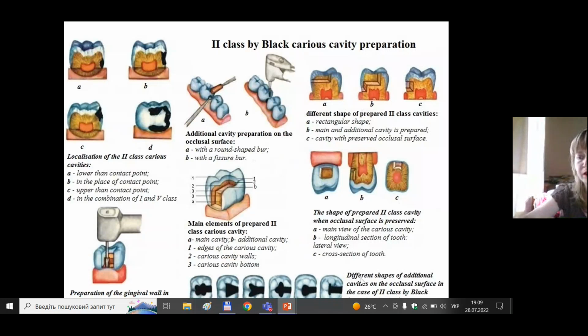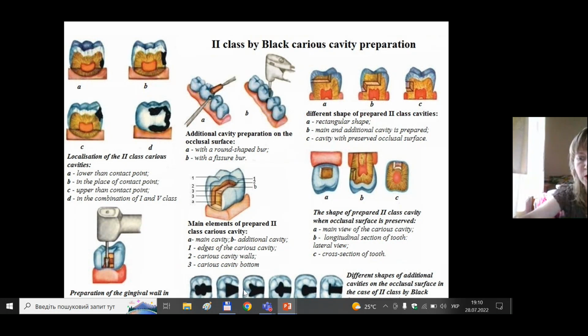By the way, in the era of Black, I will repeat once again, there were no adhesive materials. That's why, to keep material inside the tooth, he suggested to shape additional cavities in such special shapes.